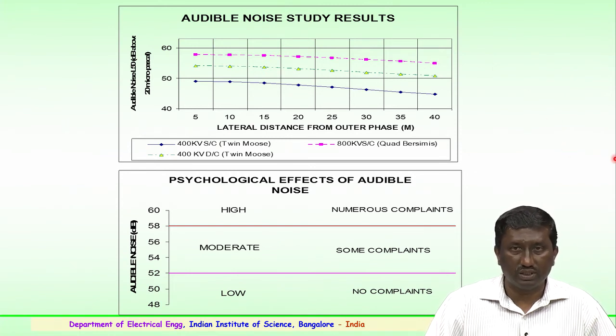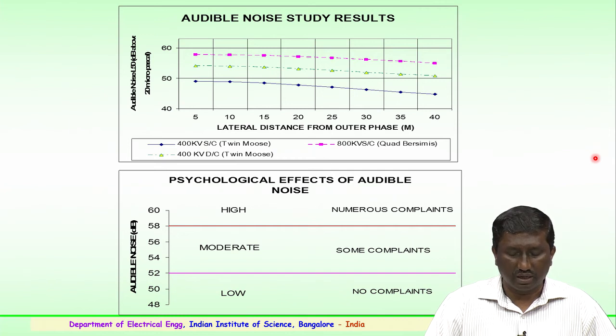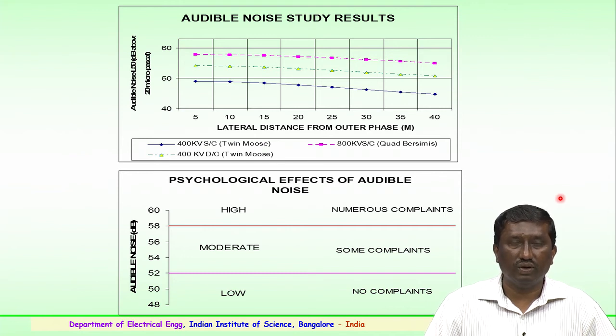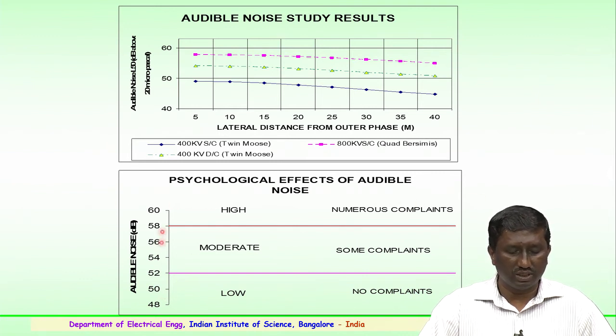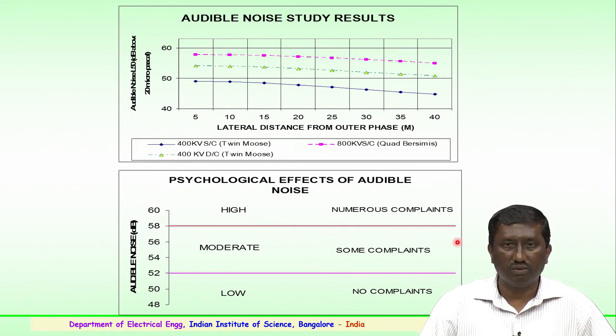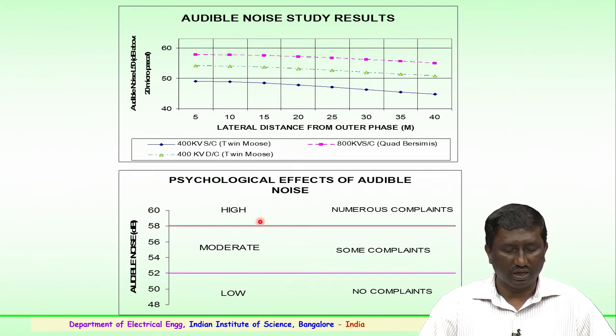Similar to the earlier electric field, audible noise also has a psychological effect on humans and animals. Above 60 decibels there are numerous complaints that could not be tolerated, and anywhere between 52 to 58 there are moderate complaints. When the operational level is lower than 52 decibels, not many complaints have been seen.